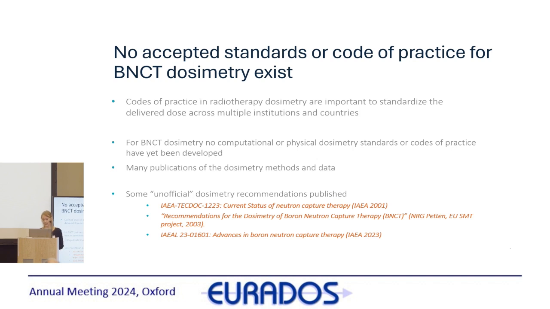There are lots of publications and dosimetry methods and data, and also 3 unofficial dosimetry recommendations. 2 of them are 20 years old, one published by IAEA and one published by the European SMT project. So that was mainly opinions from Europe. And then there is one newer guideline, but it doesn't really give recommendations, it's just a collection of information about BNCT called Advances in Boron Neutron Capture Therapy, and that was published last year.